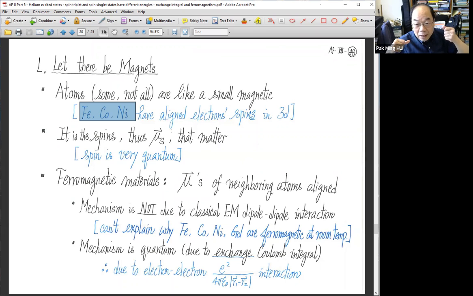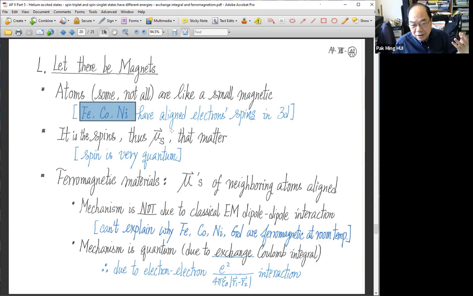For example, if you have 5 electrons to be put in the 3D state including spin, there will be 10 states. Then what is the lowest energy way to put them? After you do many quantum mechanics calculations, you try all the ways, then you can sort out which one is the lowest energy, right? It turns out to be up, up, up, up, up.